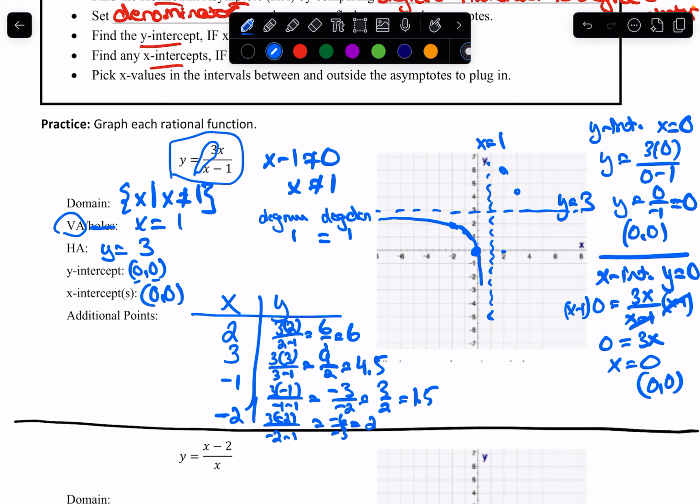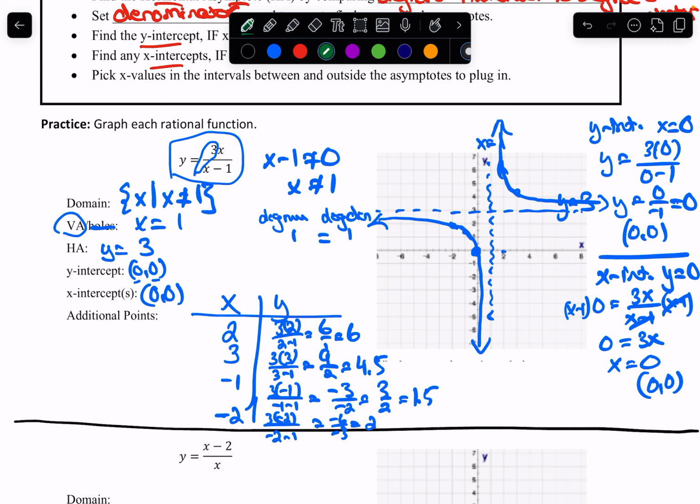The same thing here for the x equals 1. So that part is going to look like that. Well, this is going to look very similar where it's going to again approach x equals 1 and y equals 3. Okay. And like I said, this one didn't have any holes because we didn't factor anything out.